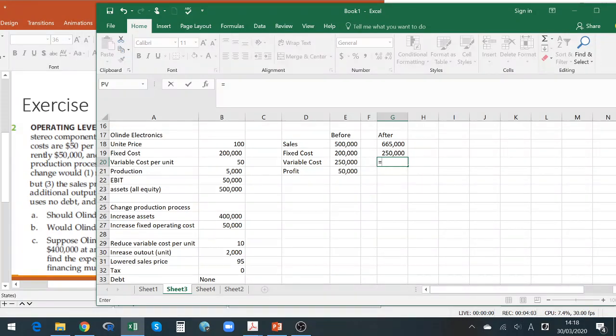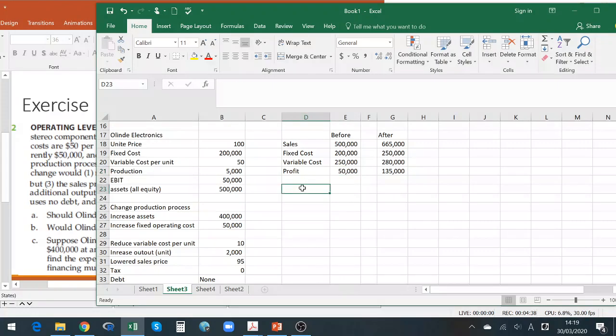Variable cost will change. This is before, but you can reduce by 10. Then how many units? Same thing. You have this production before and additional production, 2,000, right? So sales minus fixed cost minus variable cost. So this is before and after.